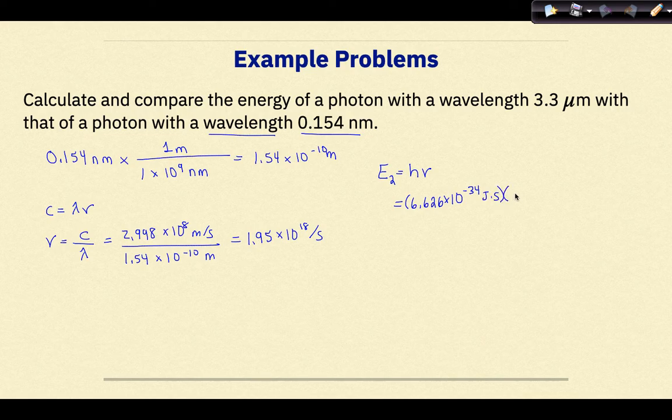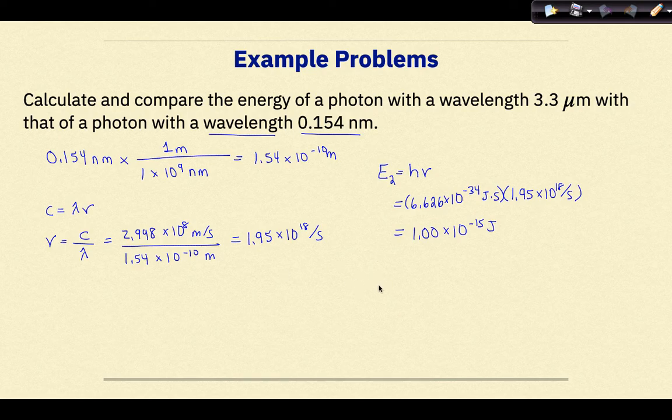And then my frequency is 1.95 times 10 to the 18 per second. Seconds cancel seconds, and I am going to be left with joules. So the energy associated with the second wavelength is 1.00 times 10 to the negative 15 joules.